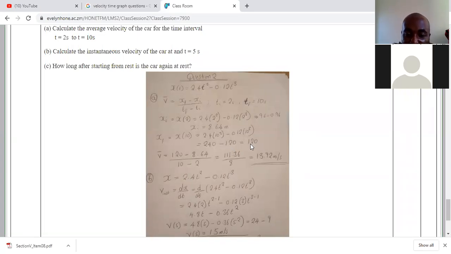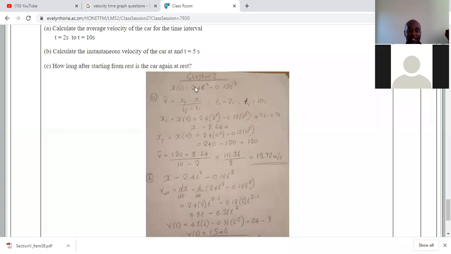Now you say final and initial: 120 minus 8.64, all of this over 10 minus 2, equals 111.36 over 8. The answer, friends, is 13.92 when you divide. That's all. So it's very involving.